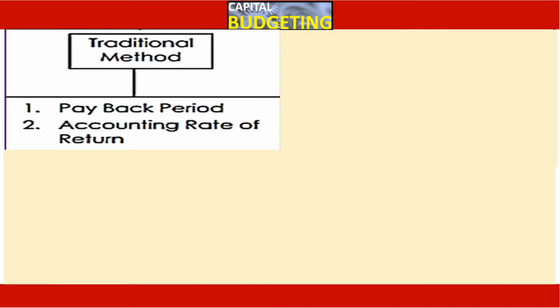Now, this is the time to get into first set of methods, traditional methods, wherein we have got a payback period as the first method, accounting rate of return as the second method. And we will get their very nature by the terminology used in their nomenclature, payback period.